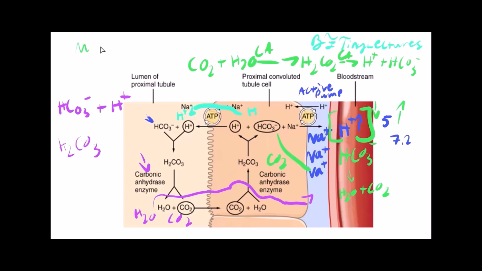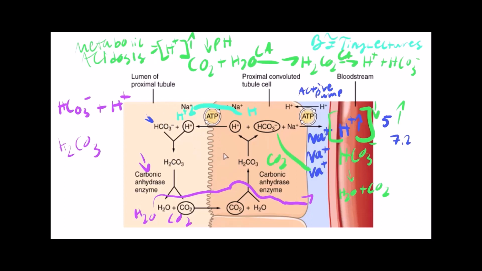So metabolic acidosis is when there's too much hydrogen, and that's going to decrease the pH. And that's really bad for the body because that blood is way too acidic. This bicarbonate buffer system allows the body to avoid metabolic acidosis.